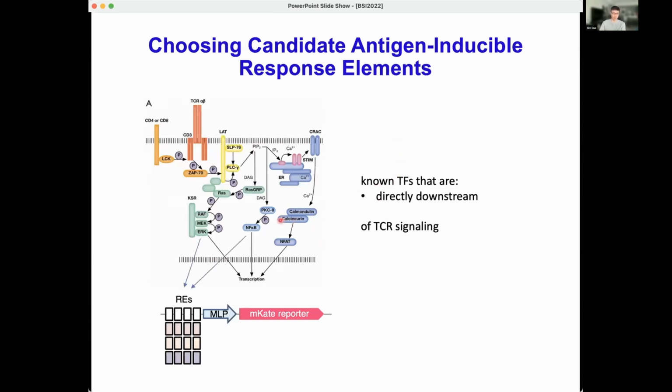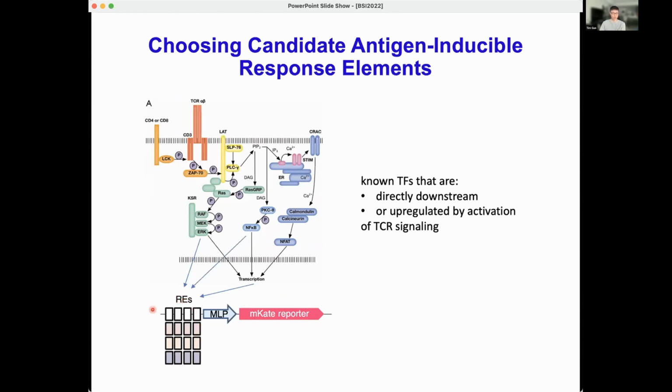So our approach to identifying new synthetic antigen-inducible promoters was to look at known transcription factors that are either directly downstream of TCR signaling, so that's the MAP kinase pathways, NF-κB, and of course NFAT, which has already been studied, but also transcription factors that are secondarily upregulated by T-cell receptor activation, which can then also drive antigen-inducible responses.